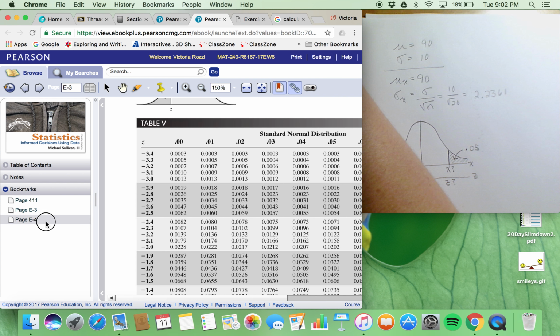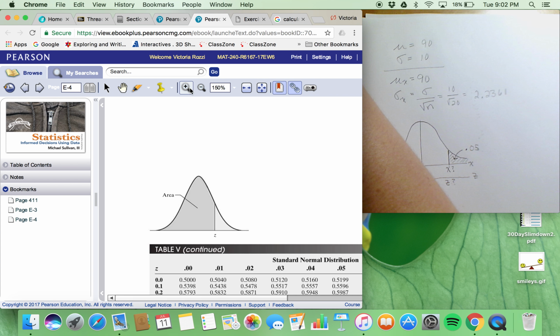I'm looking for a right area here of 0.05. Now remember that the z-table only finds areas to the left.